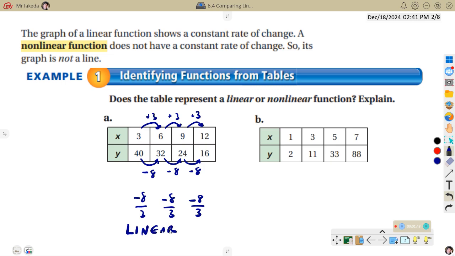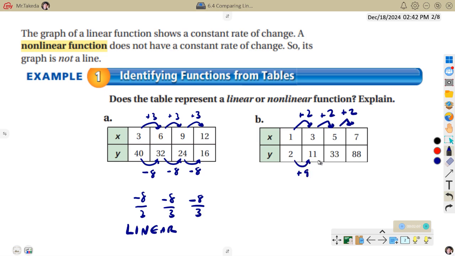Let's compare that to what's happening over in example B. Well, we do have an increase of 2 for all of our x values. That's good. But look what's happening here with our y values. 2 to 11, that's an increase of 9.